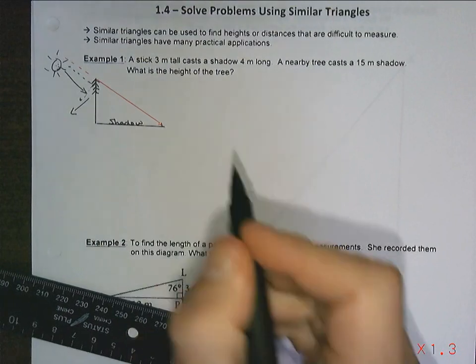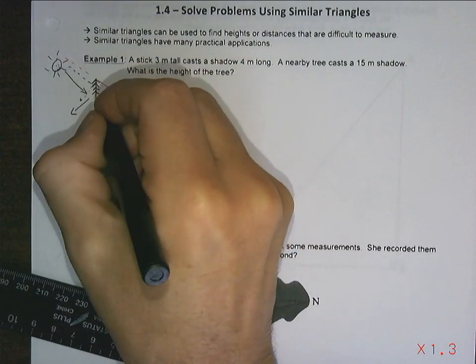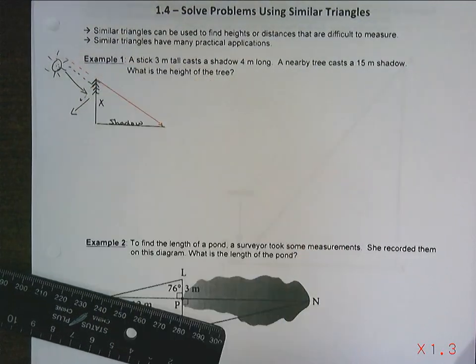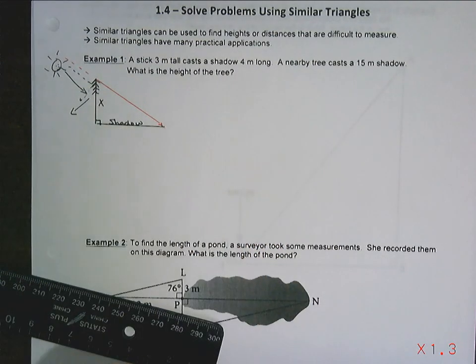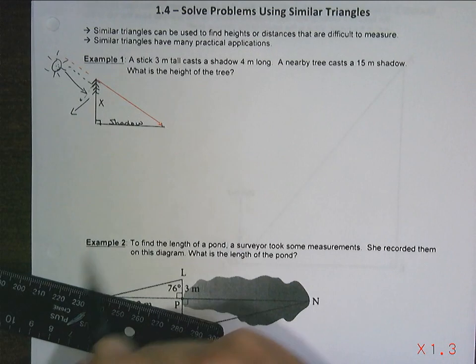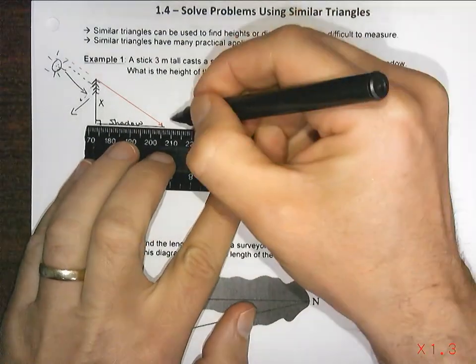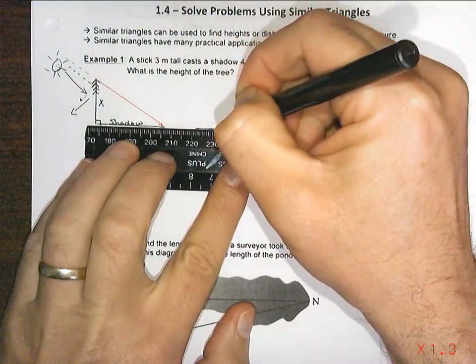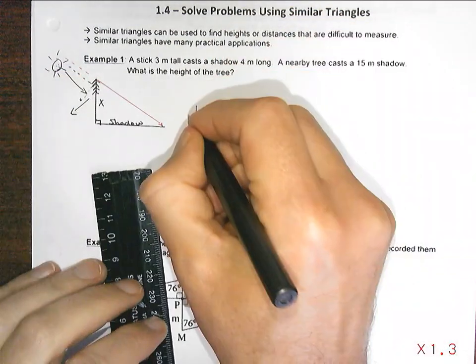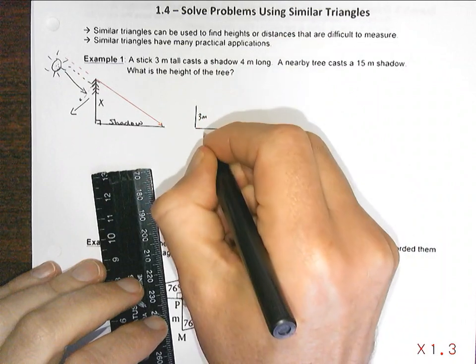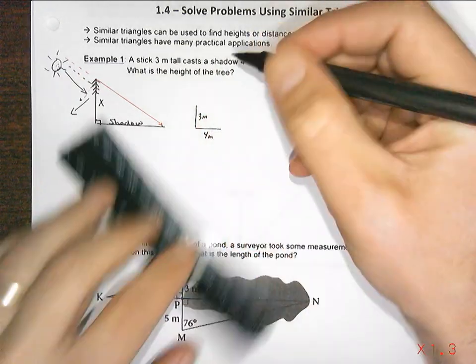Now, what we want to do is find out the height of this tree. We're going to want to find out x, the height of this tree here. And this is the shadow, which is along the ground, and that's going to be 90 degrees. Now, at the same time, there's a stick. Along the same ground, there's a stick, and the stick is 3 meters tall, and it makes a 4-meter shadow, that we're able to measure quite easily.